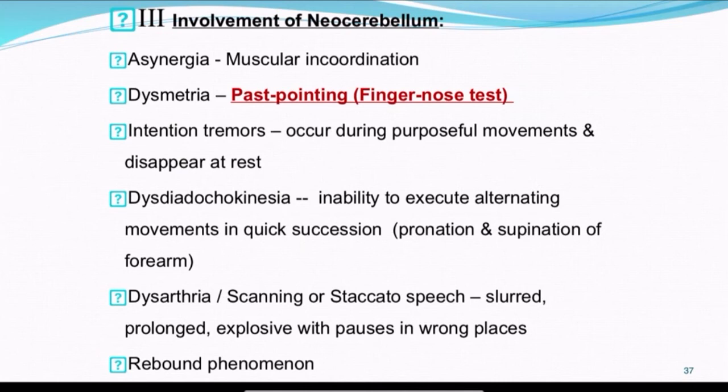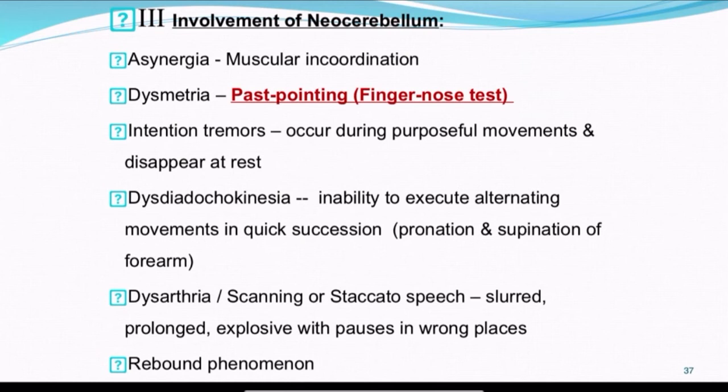If you like it, you'll be vigorously putting thalam on your own thigh. Your palm will be going this way, that way, that is supination, pronation, and your palm will be facing inward, outward like that. So that is dysdiadochokinesia, when you are not able to do such synchronous movements in quick succession.